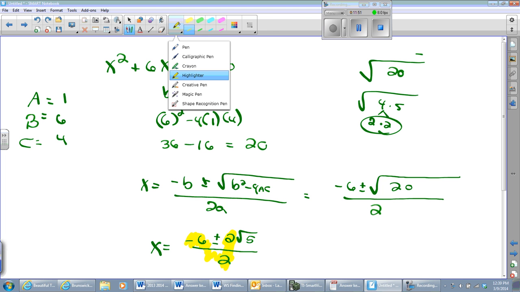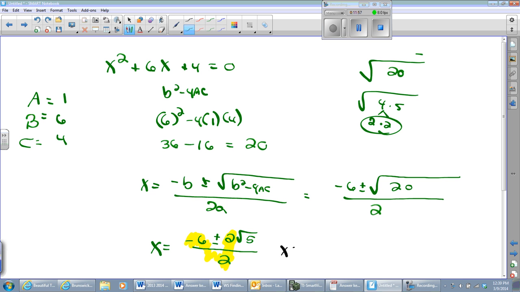So the simplest form of my solution is this. Negative 6 divided by 2 is negative 3 plus or minus, those 2's cancel, rad 5. And there is the simplest exact answer.